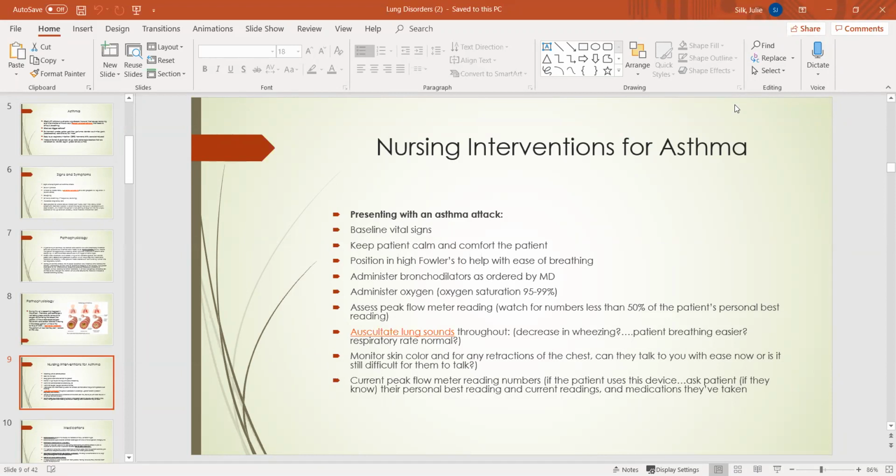I guess it's called VoSpire, and it's an extended release tab. So those things would be something that you would take daily to kind of keep this at bay. If you were having an episode of shortness of breath, you would not reach for this first because this is not going to help you quick like your short-term one would.